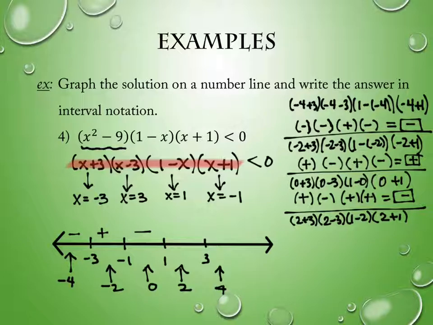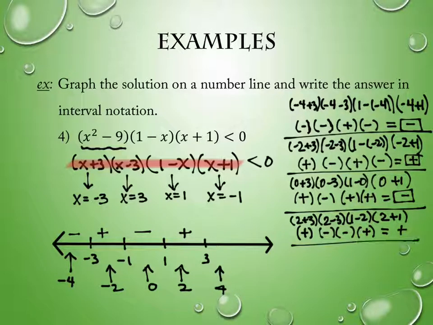What's 2 plus 3? Positive or negative? Okay, I'm going to go with positive. How about the 2 minus 3? That's negative. Good. 1 minus 2? Negative. And 2 plus 1? Positive. So I'm back to having 2 negatives, which gives me a positive.